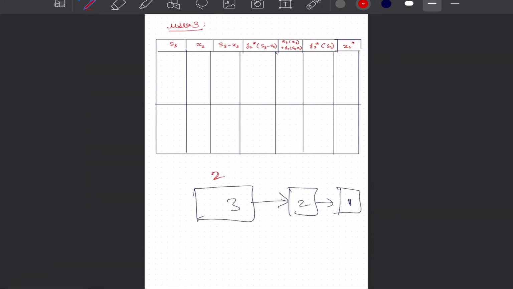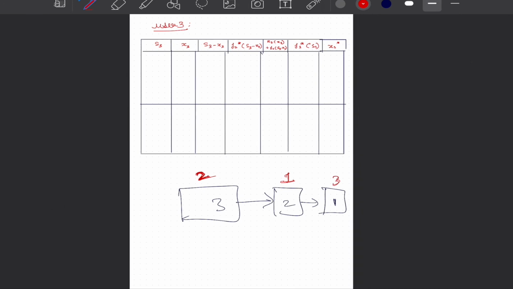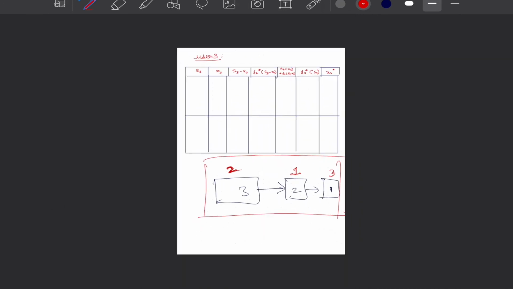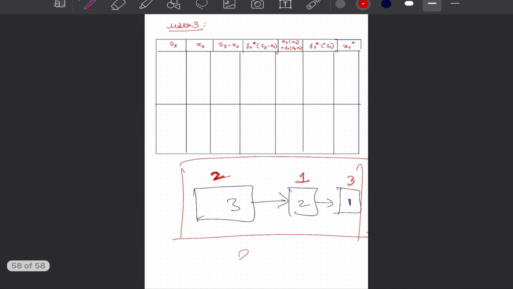And if we add it, 3, 4, 5, 6, so this becomes our final allocation. That means if you have 3 users, user 1, user 2, user 3, we should allocate 3 units of water to user 1, 1 unit of water to user 2, and 2 units of water to user 3. And this would give us the maximum return of 28 units.